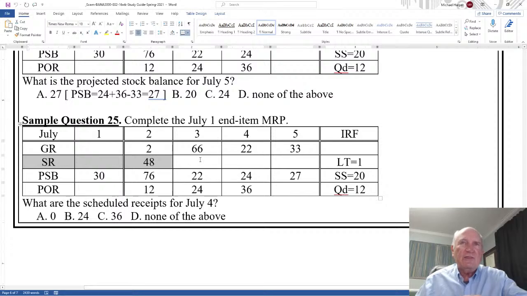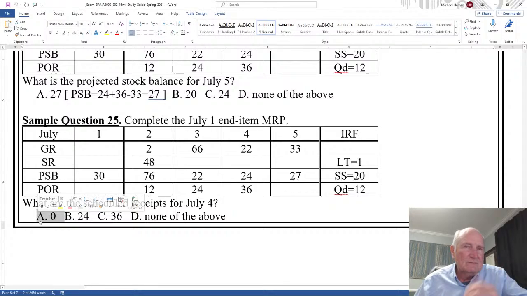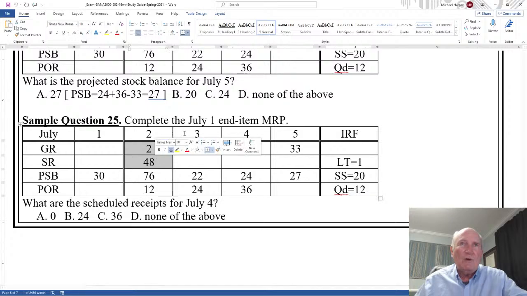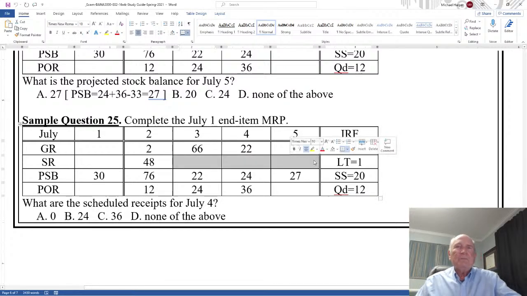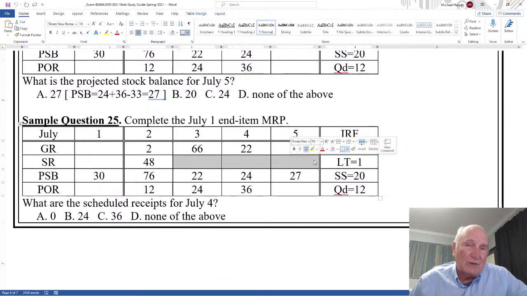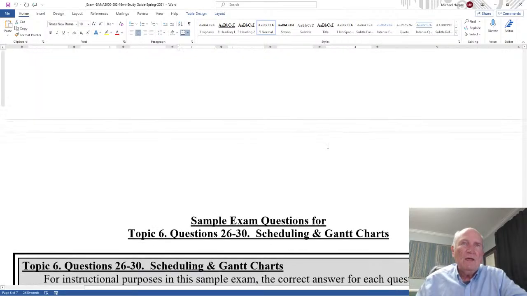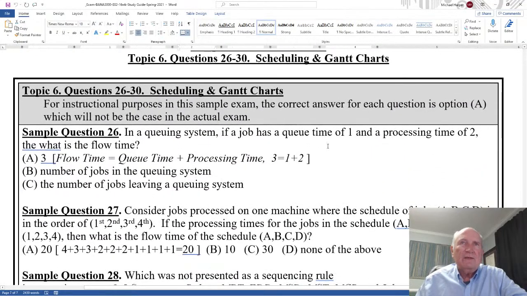Well, for July 3rd on, it's going to be 0. So that's always the answer for this question, because I'm always asking for July something. If the lead time is 1, I'm always asking for 2 and greater than that lead time into the future. So the scheduled receipts are always 0.